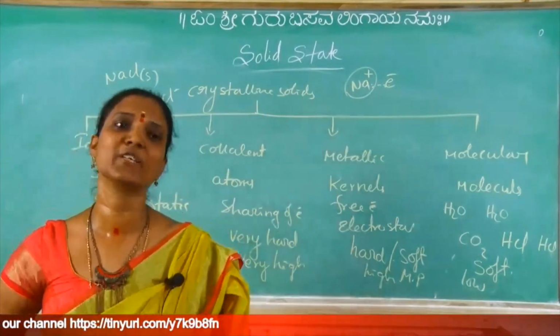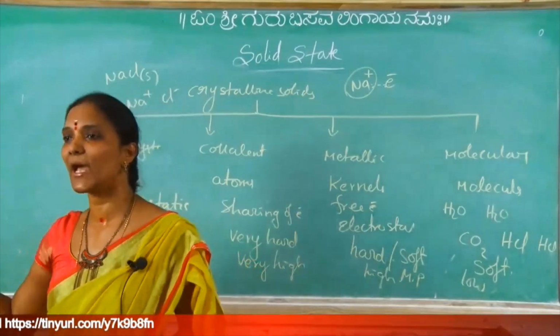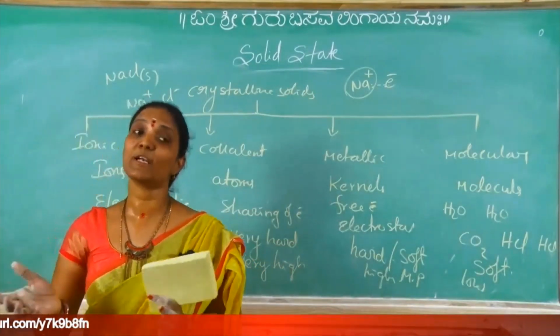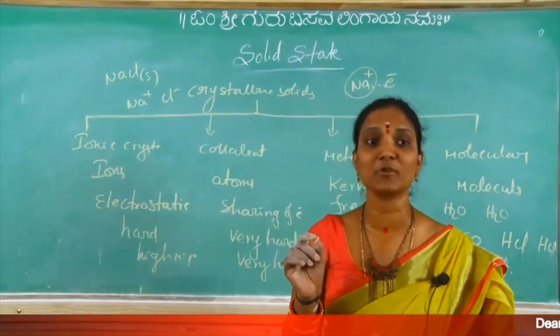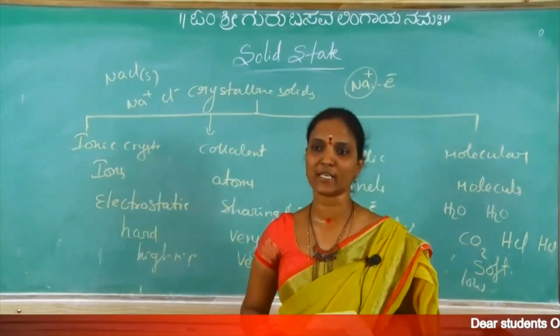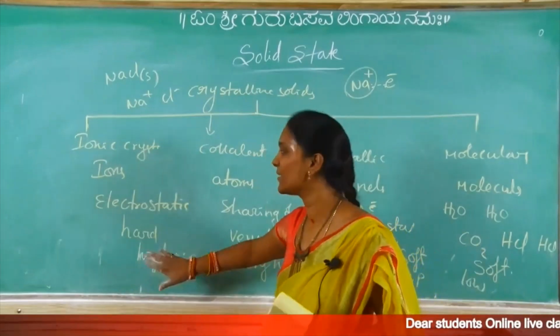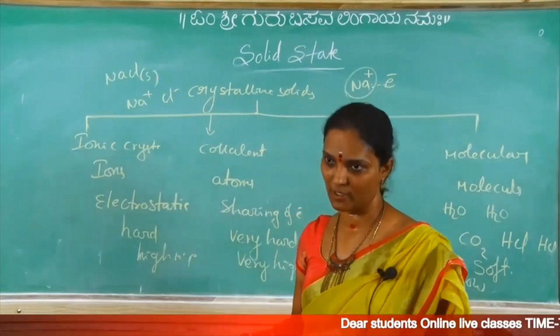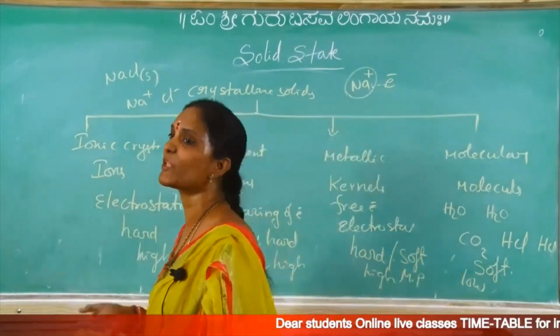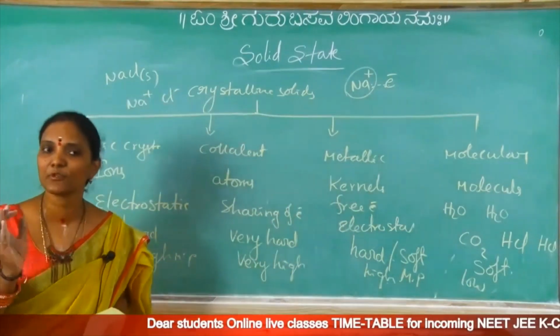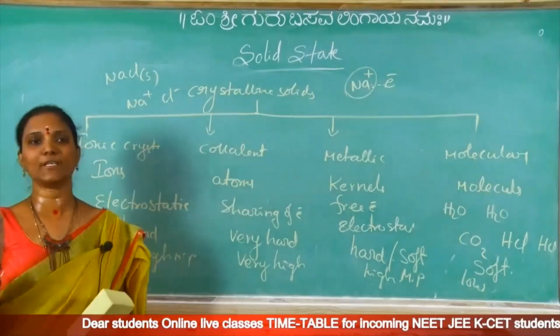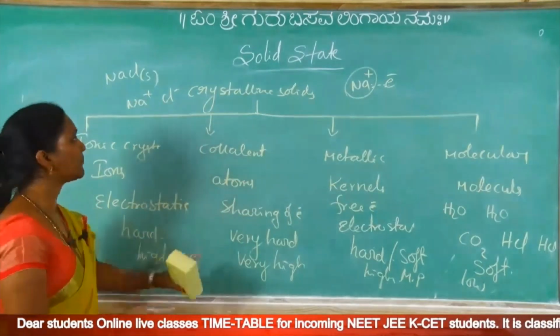So the correct option for ionic crystals: they are bad conductors in solid state, but good conductors in aqueous solution and fused state. Instead of fused state, we can use molten state.